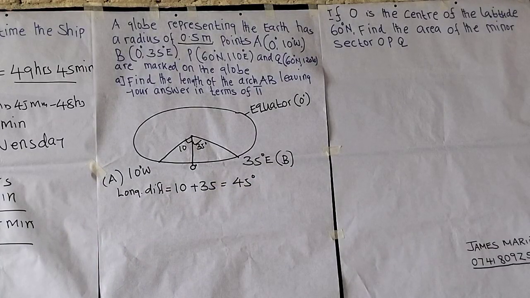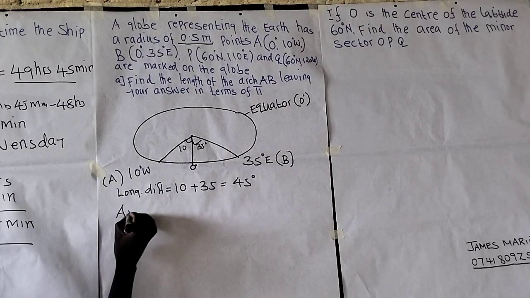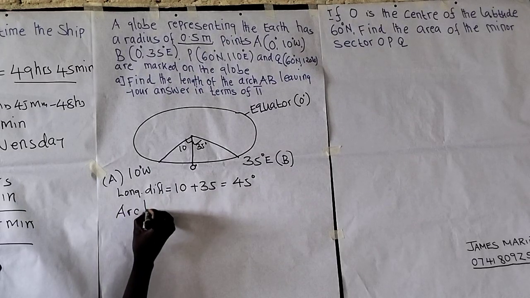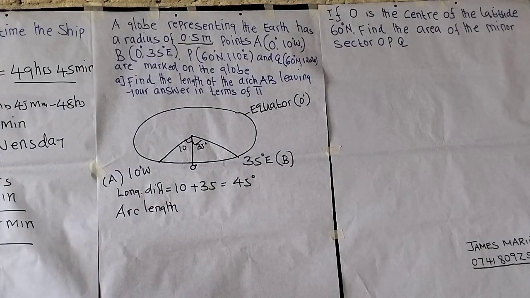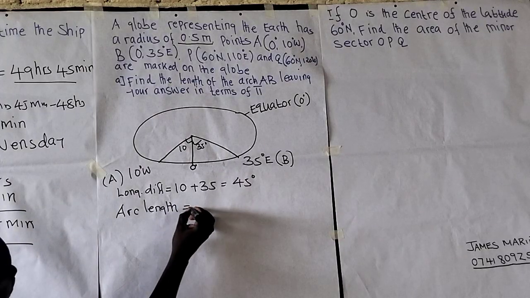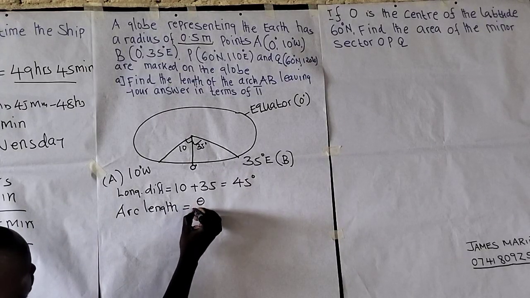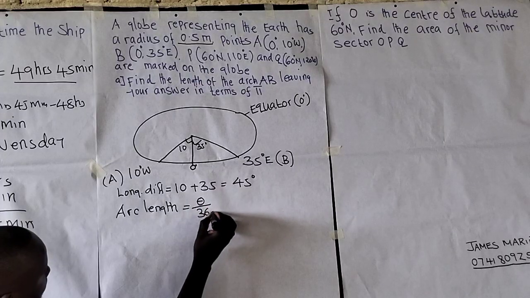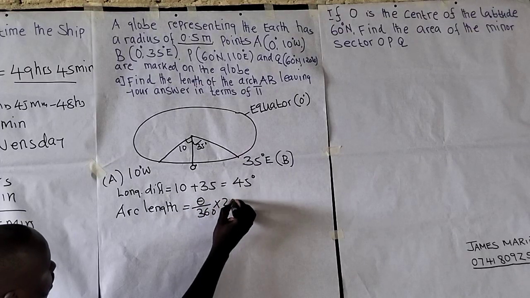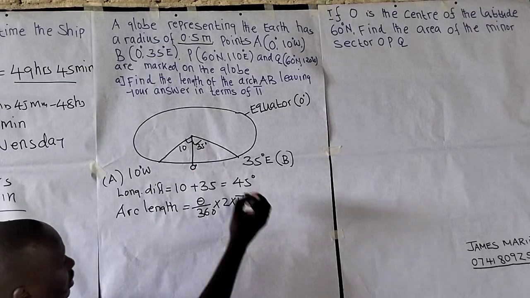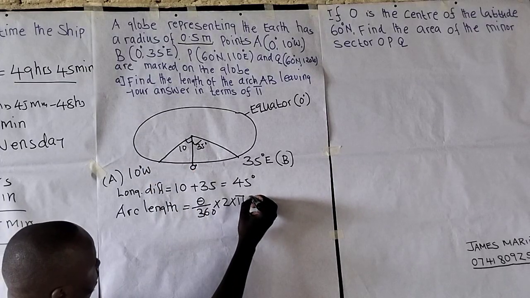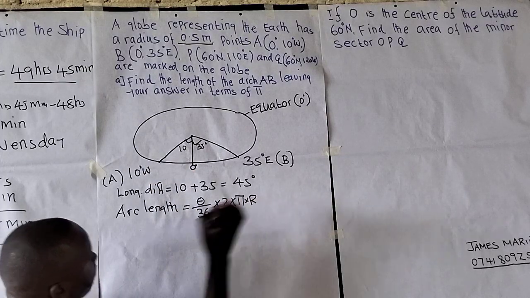The formula for getting the arc length is the angle between over 360 times 2 times pi times r.